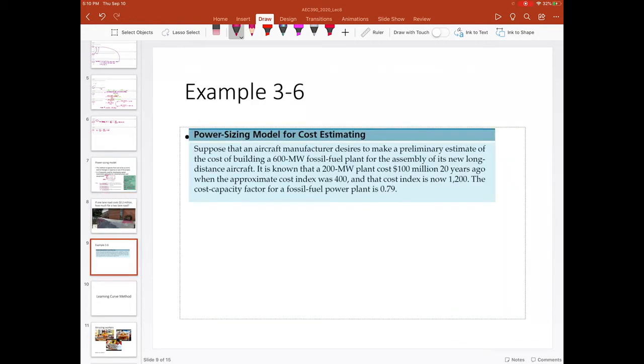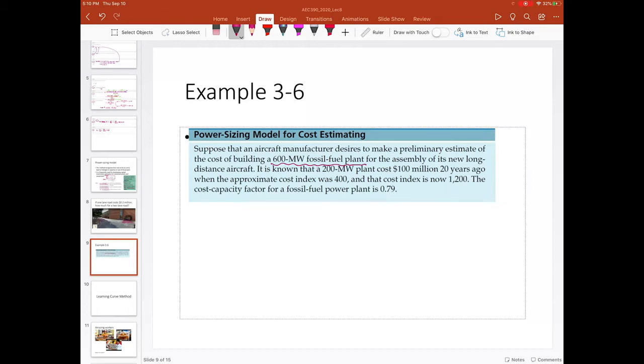Okay, now let's take a look at this example. So suppose that an aircraft manufacturer desires to make a preliminary estimate of the cost of building a 600 MW fossil fuel plant for the assembly of its new long-distance aircraft.